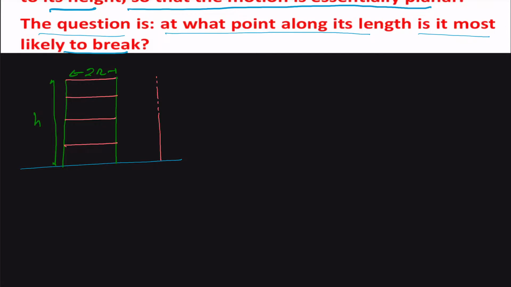And when it is given a slight push or kick, as it is mentioned in the question, let us assume that it is at this particular angle, making an angle of theta with the vertical.